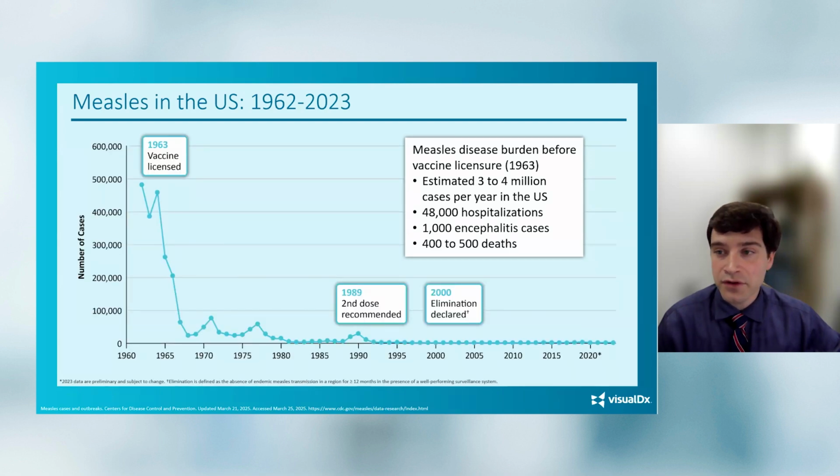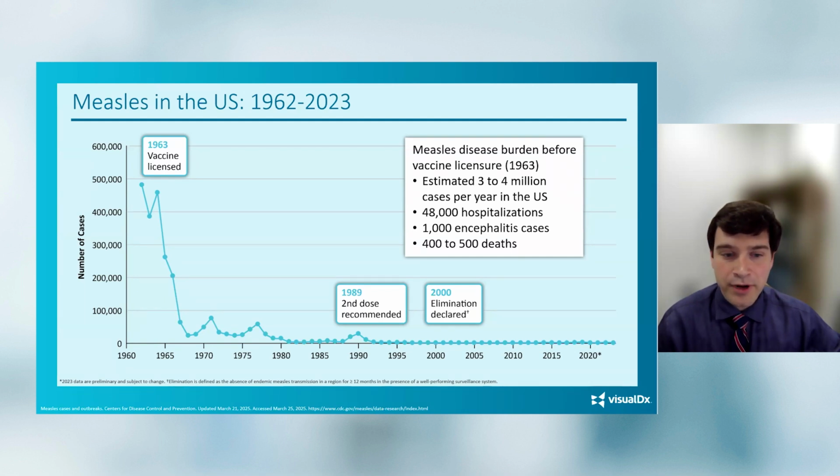And this all changed after the introduction of the live attenuated measles virus vaccine, which was first licensed in 1963. Then the combined MMR vaccine, with a couple of other live virus vaccines, was licensed in 1971. After that, we really saw a dramatic decline in measles cases, and it was all attributable to the rollout of this vaccine.